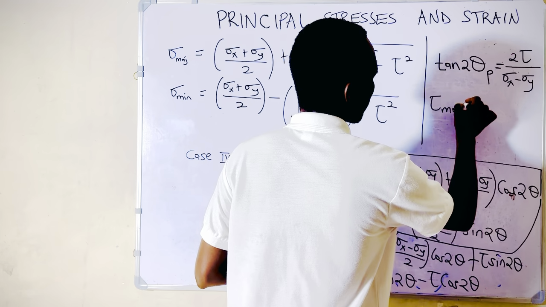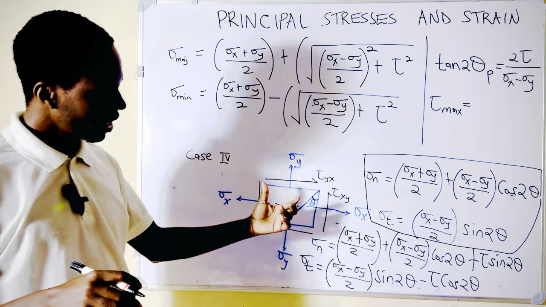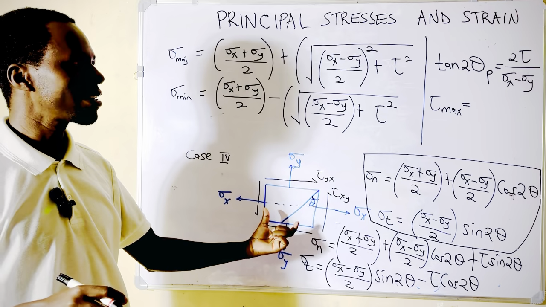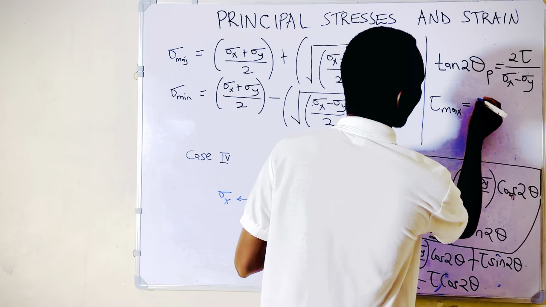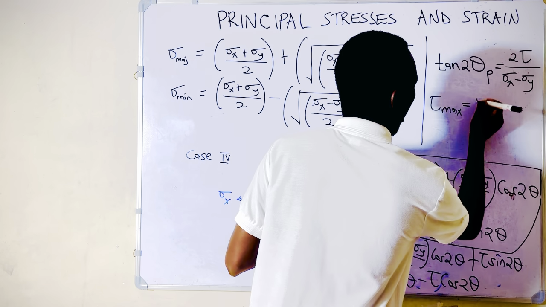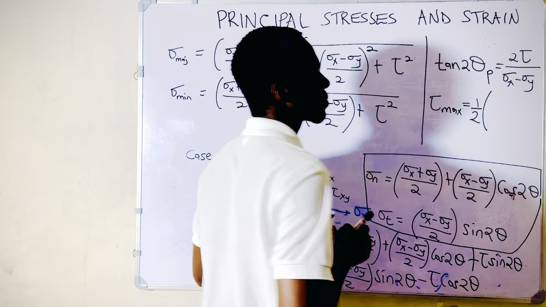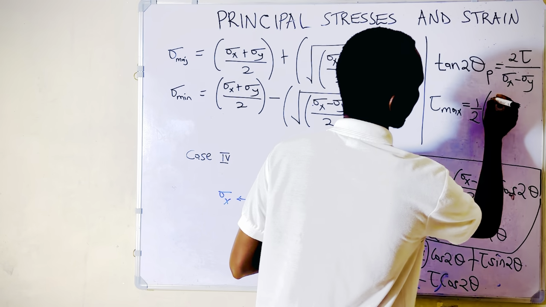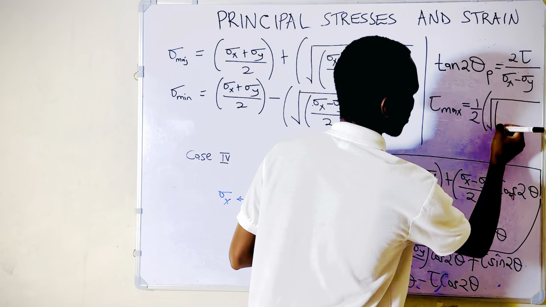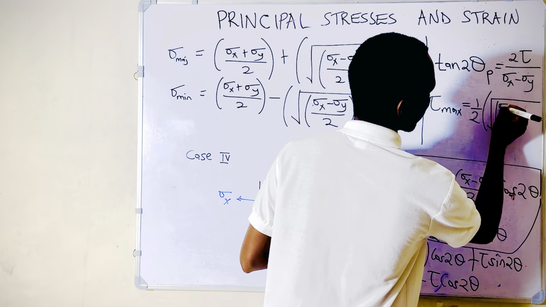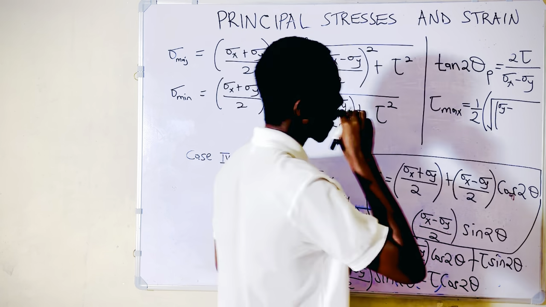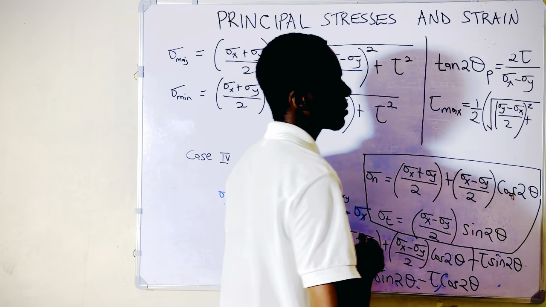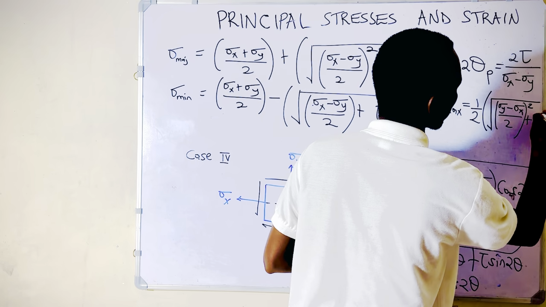If the question wants you to find the maximum shear, given this information, the formula to find it would be, let me write it in, half into root of, this is sigma y, take note of it, minus sigma x by 2 square, and plus tau square.